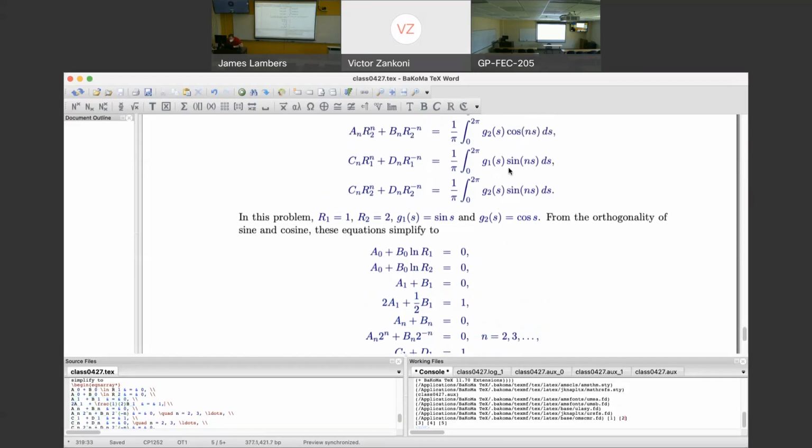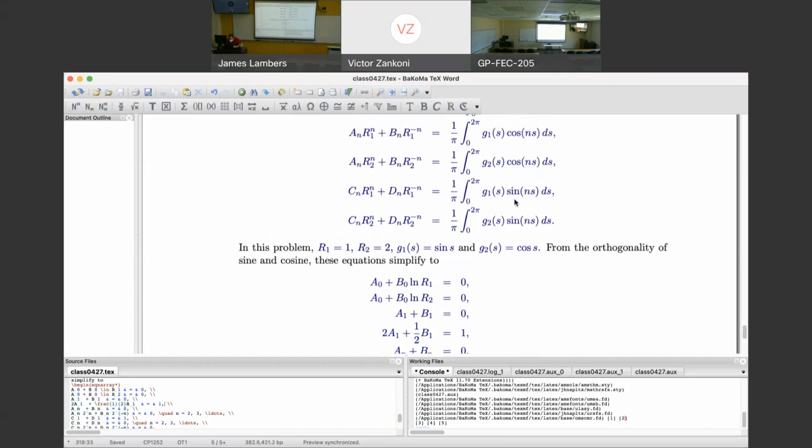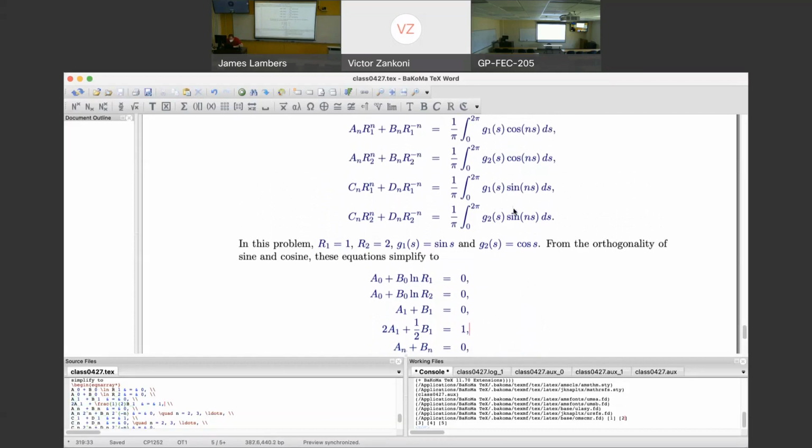Similarly for C's and D's, we're taking the sine transform of the boundary data, inner then outer.